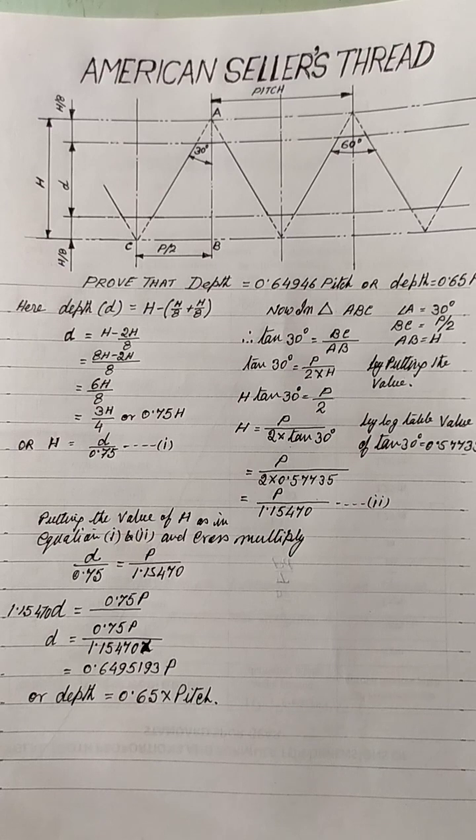These three threads are represented by TPI, threads per inch. In 1 inch length, how many threads are there? Standard charts are maintained. According to that chart, we used to produce this thread.